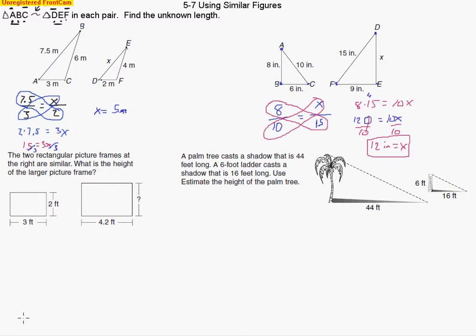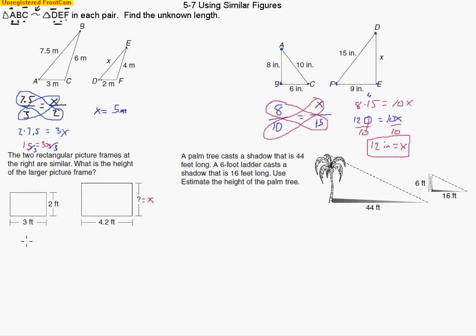Let's take a look at the next one here. These are two rectangular picture frames that are similar. What is the height of the larger one? So this is the value we're looking for. I'll call that x. And again, you've got to set up proportions where we have corresponding sides. There are lots of ways to set these up, and I'm going to go with the heights, 2 and x. Those are the heights.